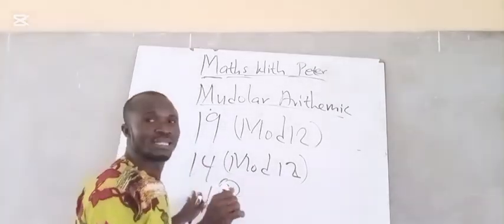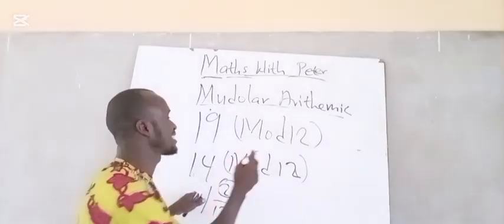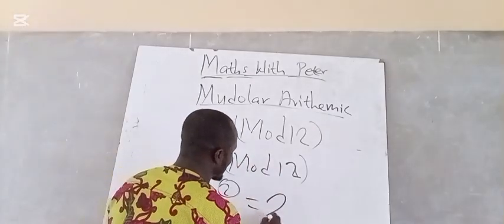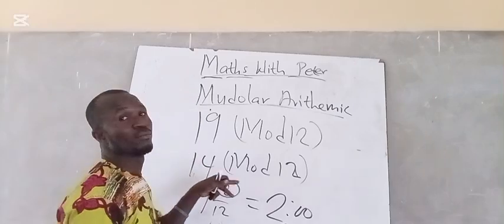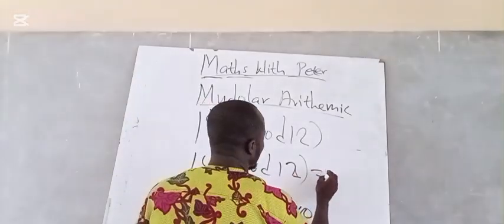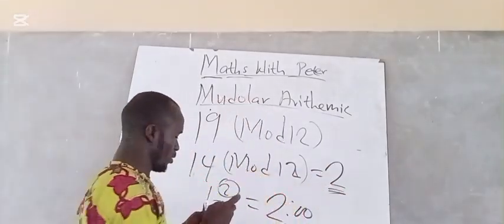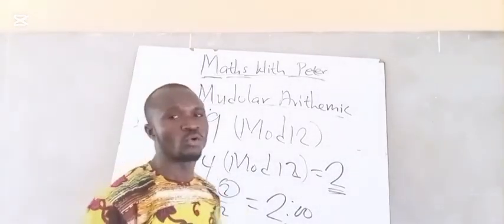I said in mod, the remainder is what we look for, the answer for the mod. So our answer will be 2 o'clock when it is 14 in mod 12, on our watch or on our clock.